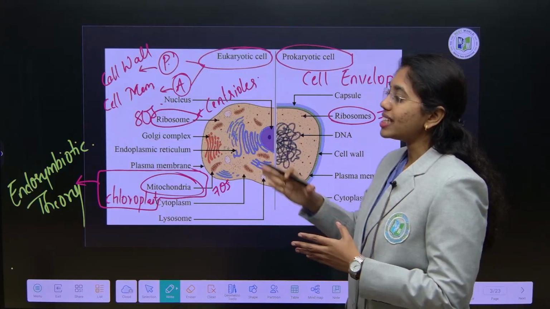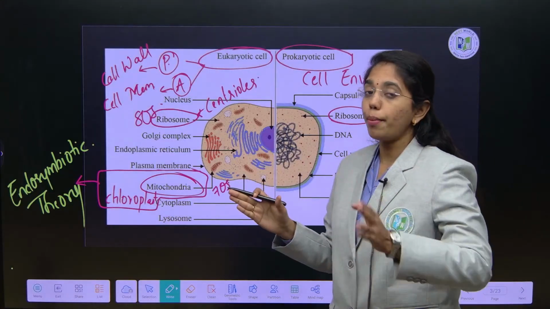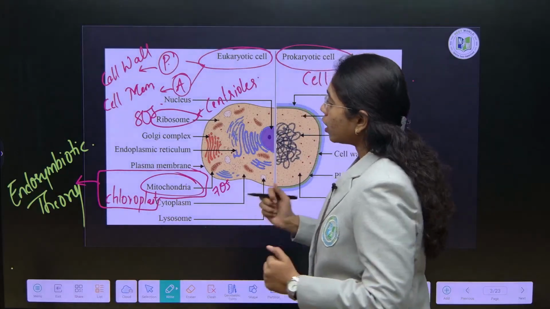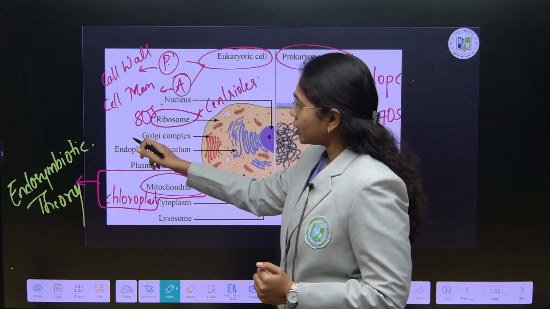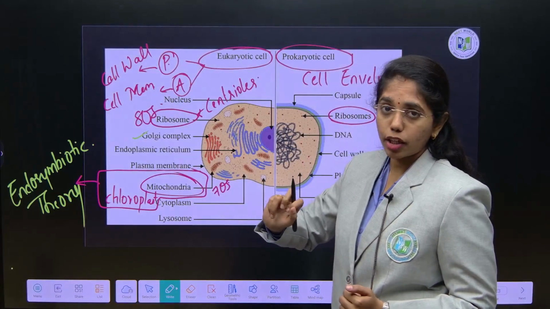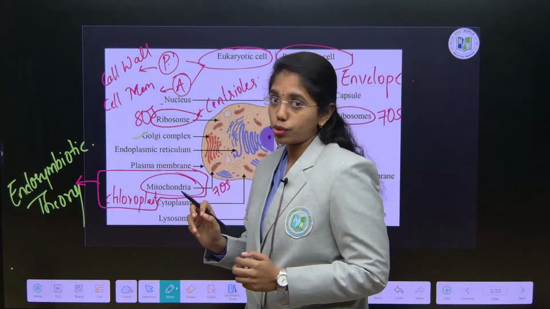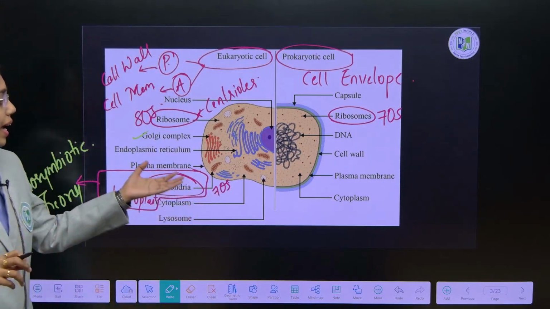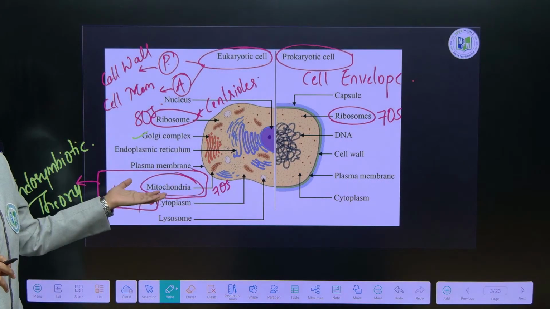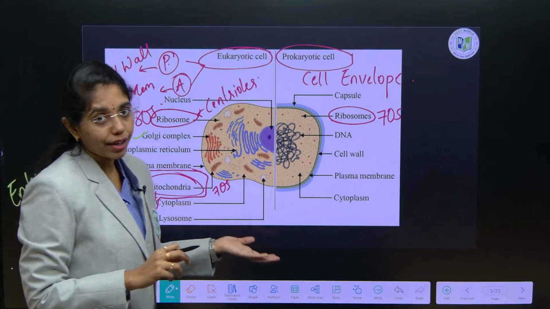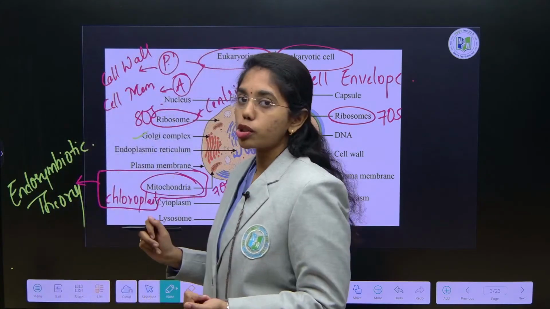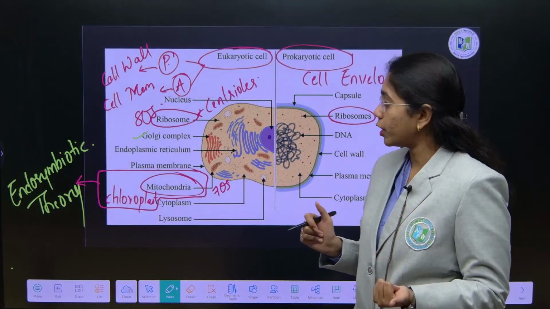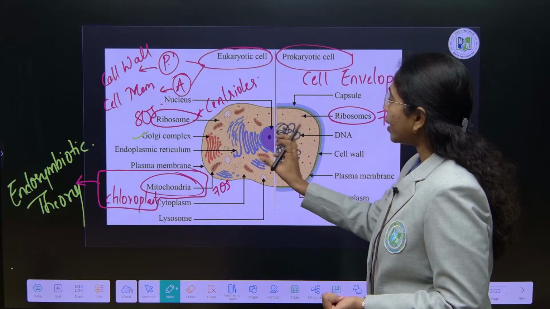And then single membrane bound organelles which are common in plant cells and animal cells include Golgi bodies, endoplasmic reticulum, vacuoles and lysosomes, and microbodies as well. Double membrane bound organelles in a plant cell include mitochondria, nucleus and chloroplast. Animal cell includes mitochondria and the nucleus. Chloroplast is absent in animal cell, we know that. So these are the primary differences.